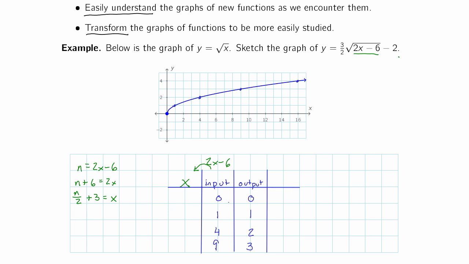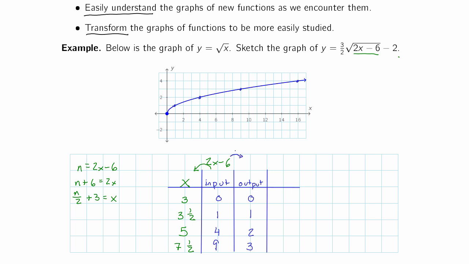When the input is 0, our x value is 0 divided by 2 is 0, plus 3 is 3. When the input is 1, 1 divided by 2 is a half, plus 3 is 3 and a half. When the input is 4, 4 divided by 2 is 2, plus 3 is 5. When the input is 9, 9 divided by 2 is 9 halves. That's 4 and a half, plus 3 is 7 and a half. Okay, so that's my x values.